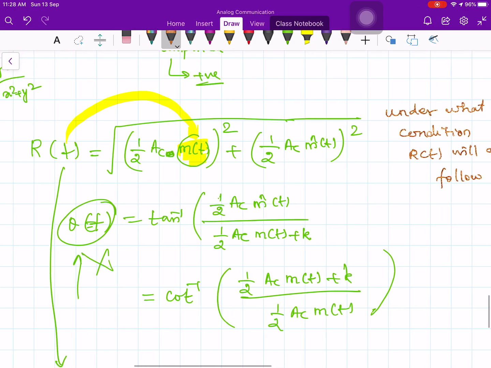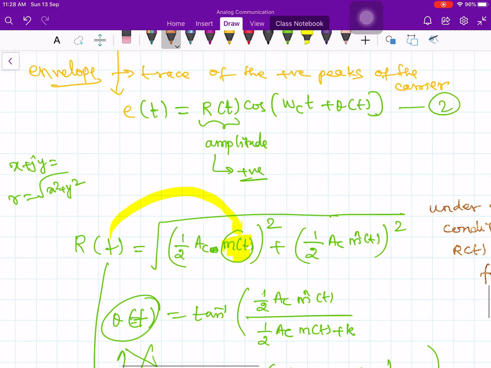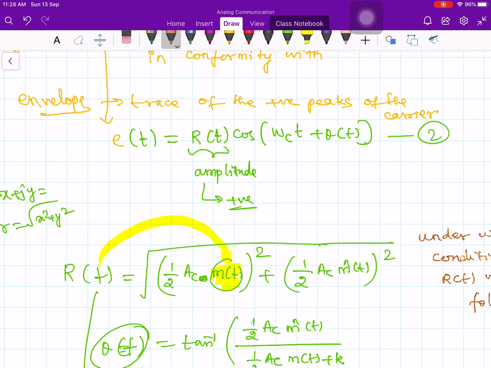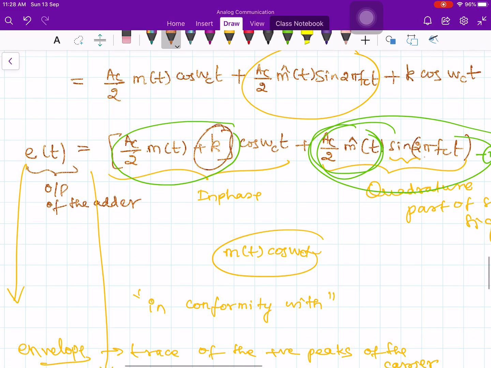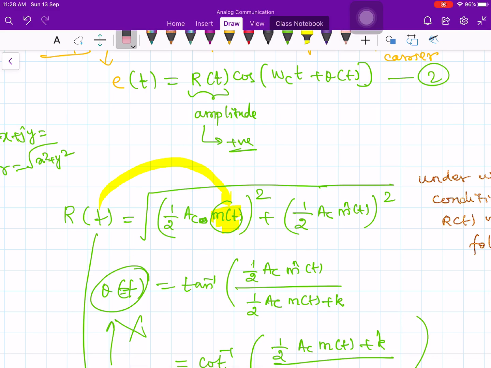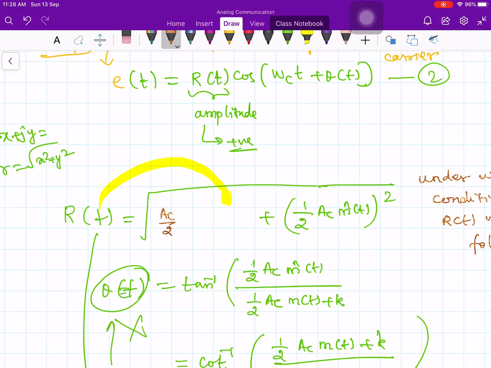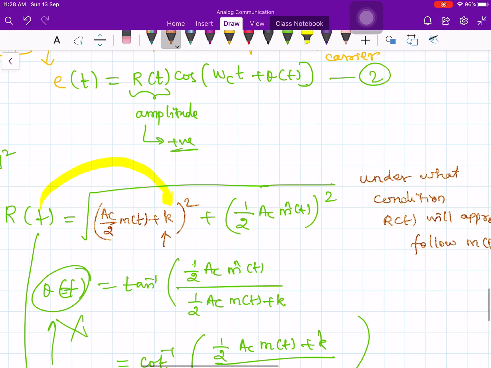Where is the k? Oh, I did not write the k properly. I am sorry, I missed out this k. So this is going to be AC by 2 m of t plus k, whole squared. You make k as big as possible so that the second term becomes significantly small.